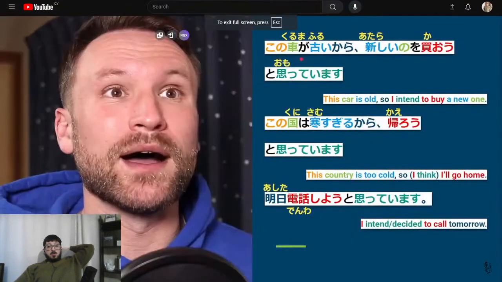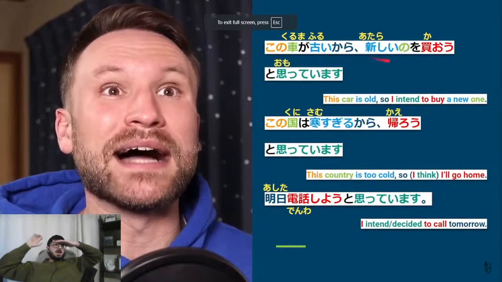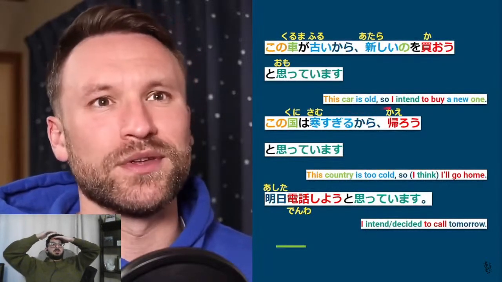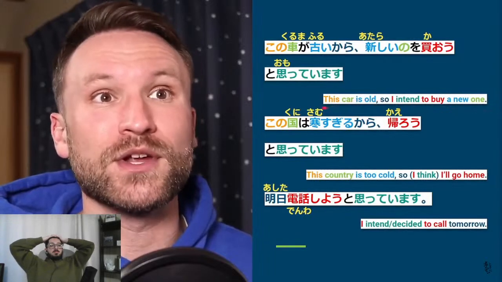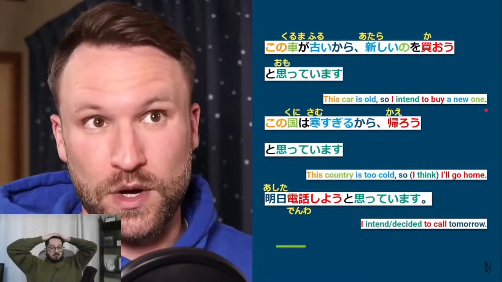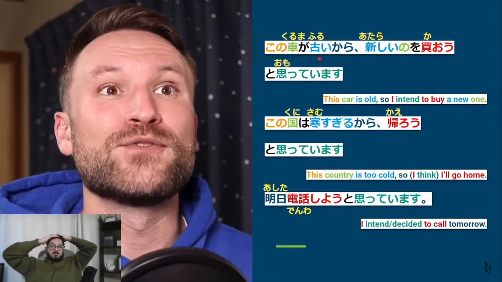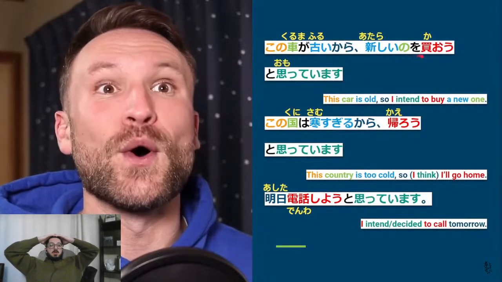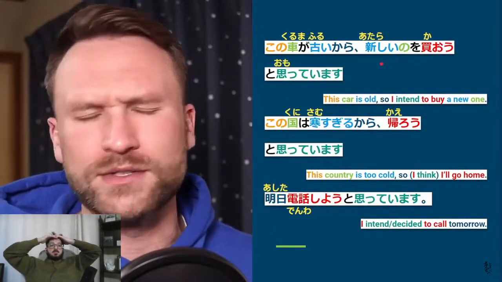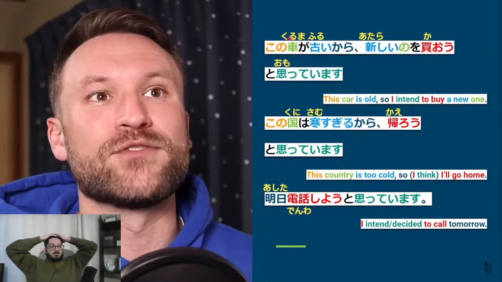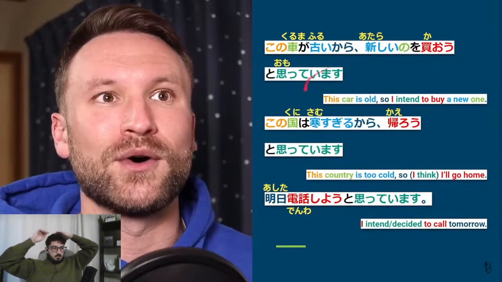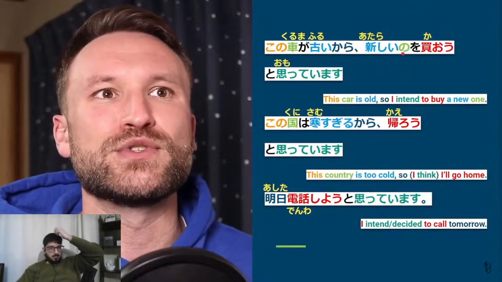この車が古いから新しいのを買おうと思っています. This car is old, so I intend to buy a new one. You could also read this as, this car is old, so I have been thinking to buy a new one. So this no is taking the place of 車. I believe we covered this quite a while ago somewhere in Genki 1. Saying この車が古いから新しい車を買おうと思っています is very repetitive, so you can use no in place of it.